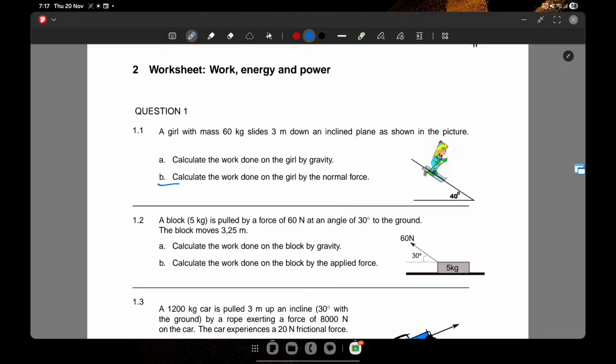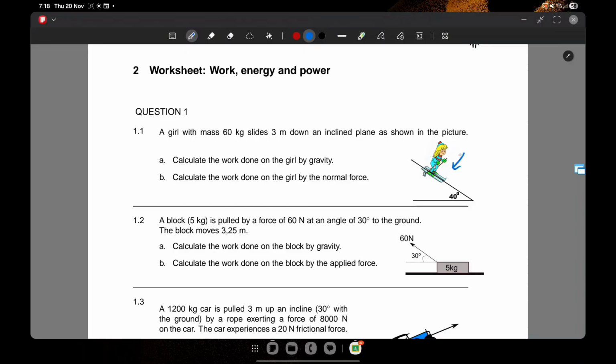Alright, so second question is calculate the work done on the girl by the normal force. This will automatically be 0 joules. The reason for that is because this is the normal force of the girl. This is the gravitational force, vertical. They both cancel each other out. So it's not doing any work because she's neither going up nor going down.